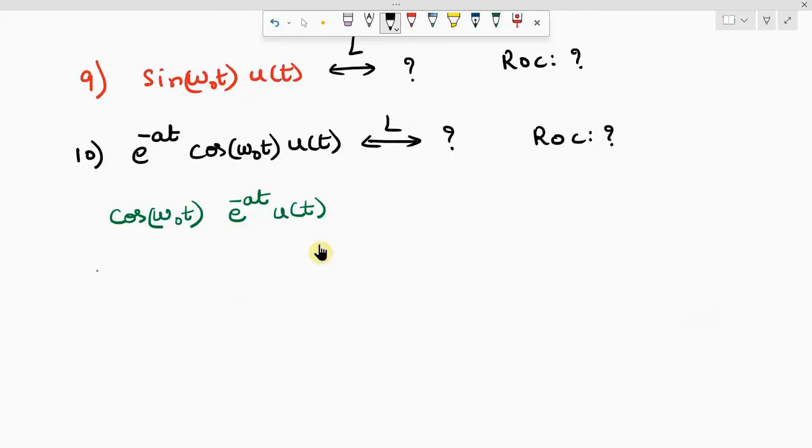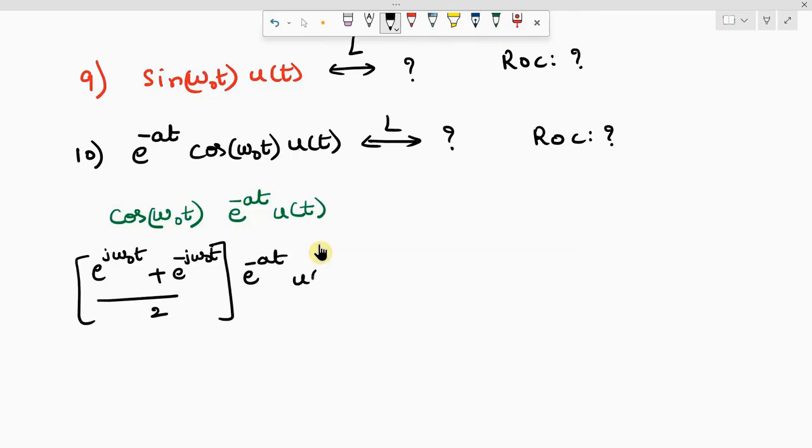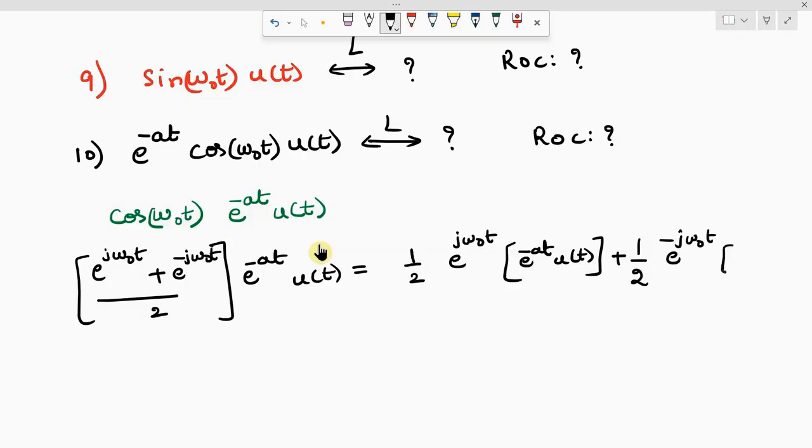So this can be written as e power of j omega naught t plus e power of minus j omega naught t, divided by 2, multiplied with e power of minus at u of t. So this is half times e power of j omega naught t into e power of minus at u of t, plus half times e power of minus j omega naught t into e power of minus at u of t.